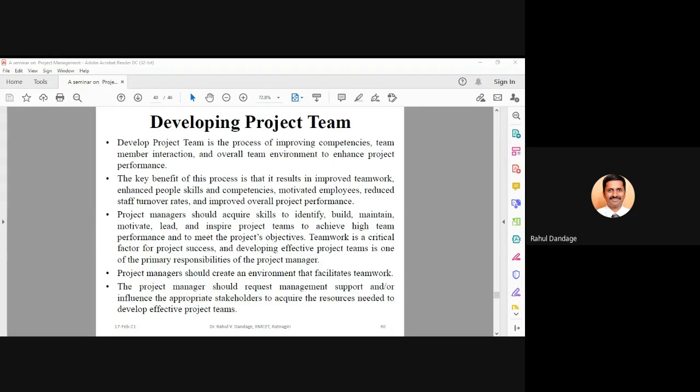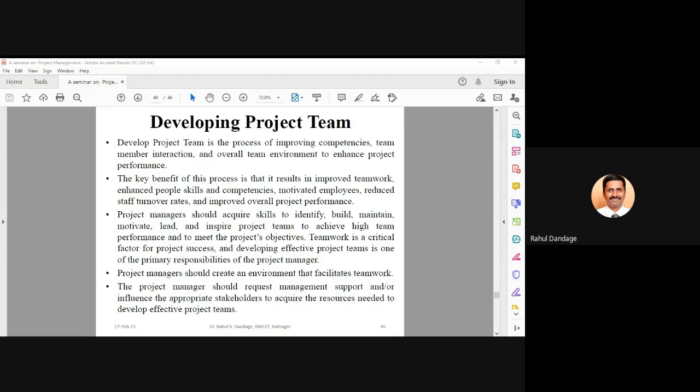So simply assigning somebody as project manager is not sufficient. That project manager should have certain competencies, certain skills. That skills will be like identifying the right people, building the team, maintaining the atmosphere in your project team, motivating the people to work high, leading from the front, and inspiring the project team members to achieve high performance.